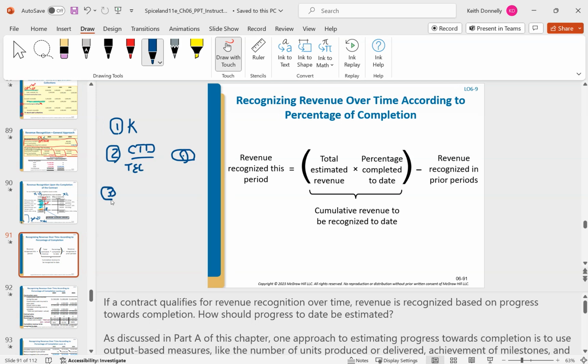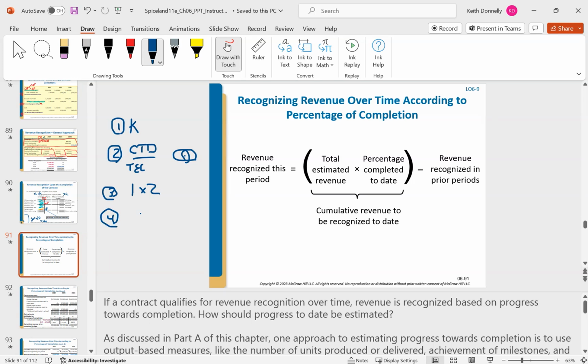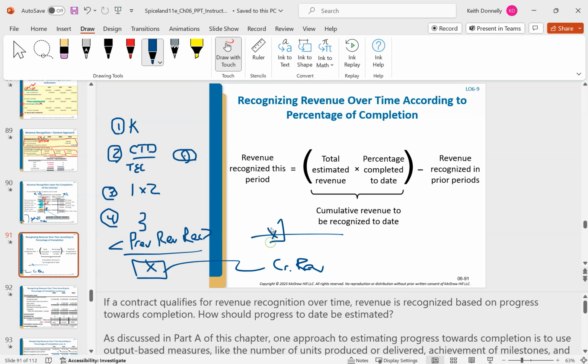Step 3 is going to be taking step 1 times step 2, and then step 4 is going to be taking step 3 minus any previous revenue that we recognized. That will tell you right here what you put in credit revenue right here, and right here. Whenever you do that, then you can back into the rest of journal entry 4 with some of the numbers.